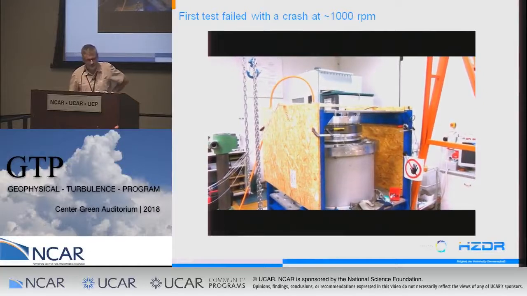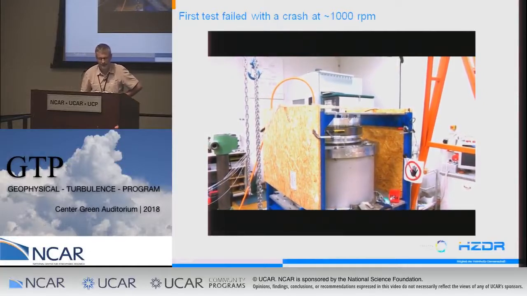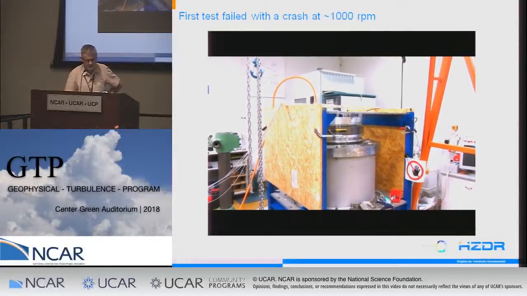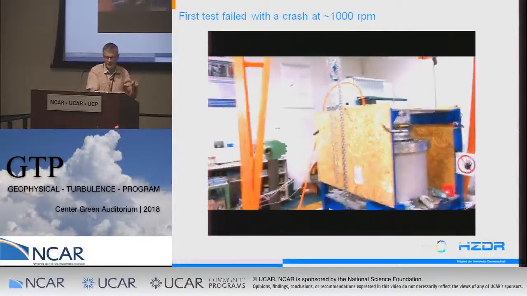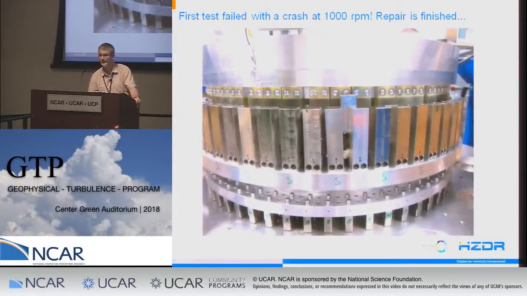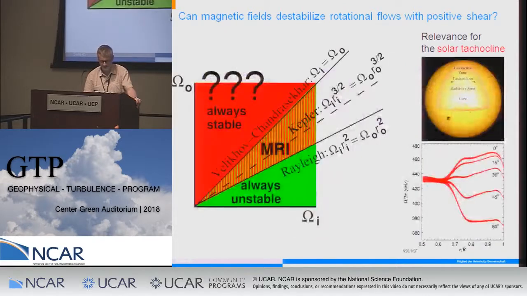You hear the machine a little bit, a first test going up to 1,000 RPM. This test was not successful. We get a big crash here, and I was jumping away because some sparks were flying around. And the reason was that one of the magnets, as you see here, was getting loose. And now the repair is finished, everything is fixed. I think this magnetic coupler is working by now.